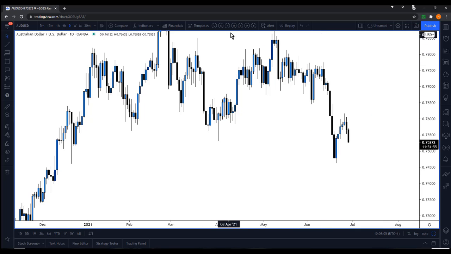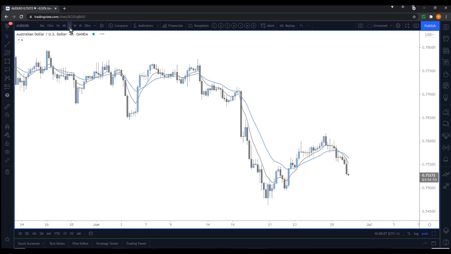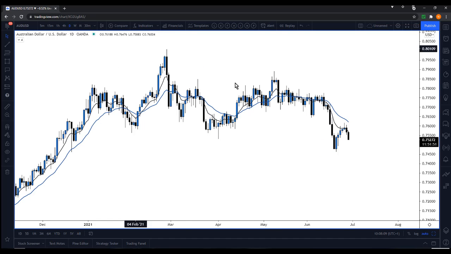There was also moving averages. This is the 20 moving average, this is the 8 moving average, and we see that price came into the 8 moving average, found the 8 moving average resistance, and turned around. So not only is there horizontal resistance, there's what's called dynamic resistance, which is the moving averages.